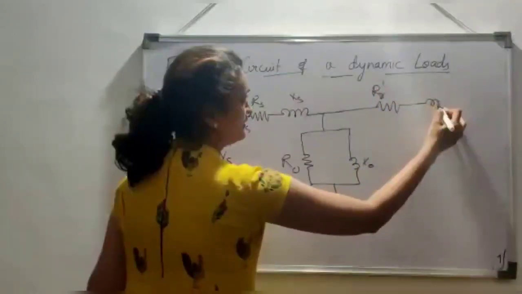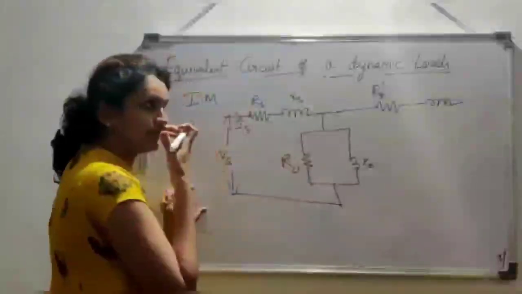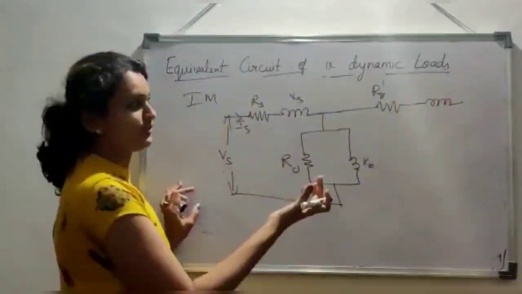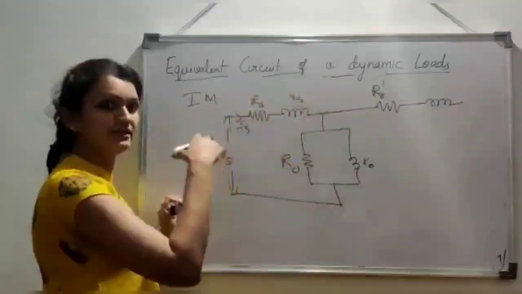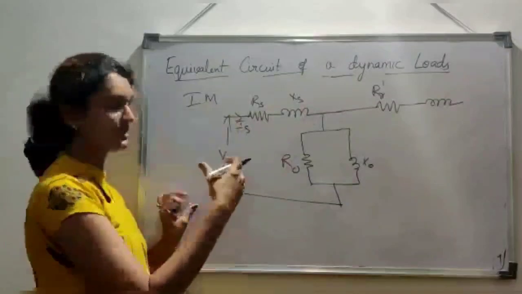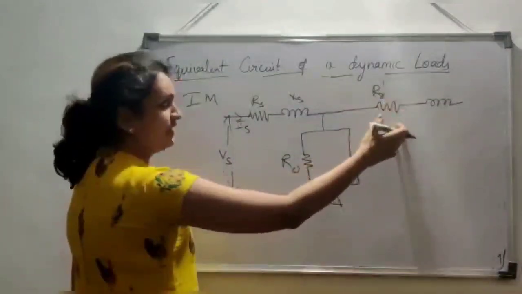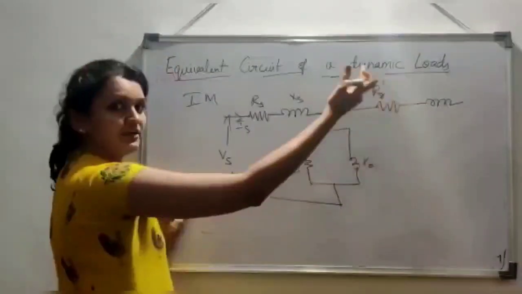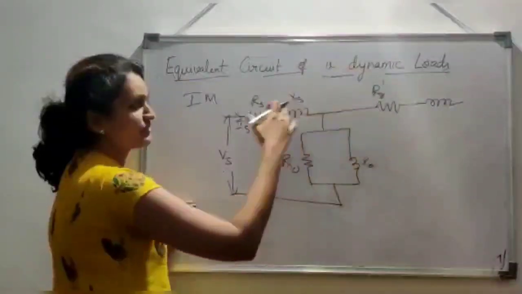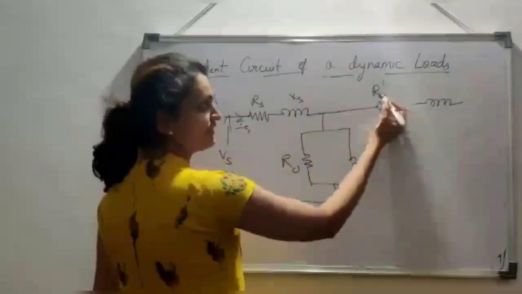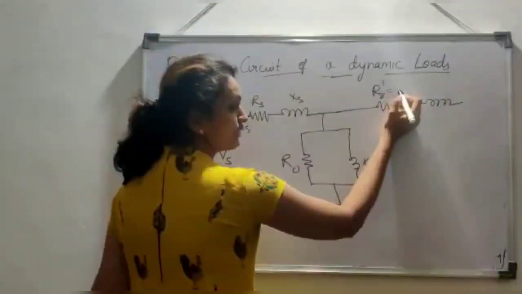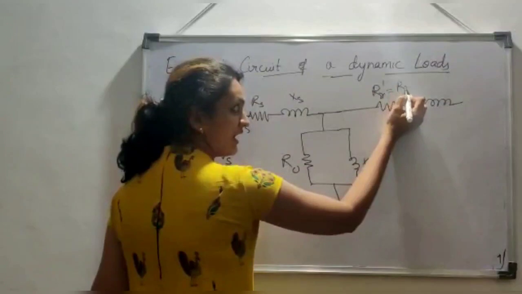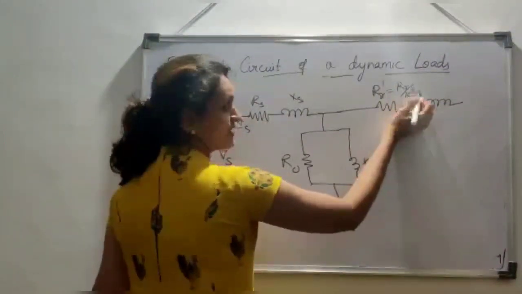So again I am mentioning, it is similar to the one you have studied in the transformer. In the transformer, the secondary we shifted to the primary, and with respect to the primary side we have written it. Same way here, the rotor side, we are shifting it and writing it with reference to the stator side. So we have shifted the values of R. We are going to write it as RR divided by K square.